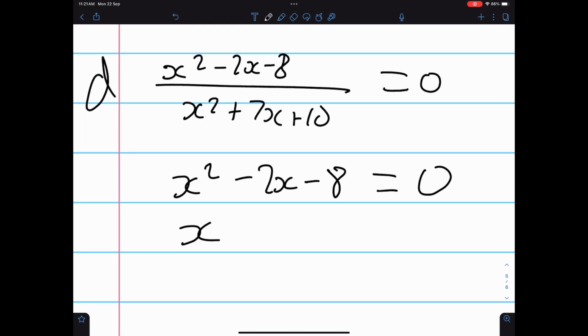And an important thing about here is this actually is a bit of a special case with factorisation.